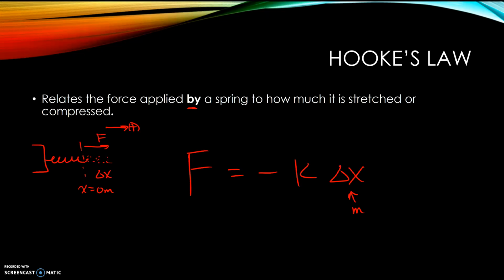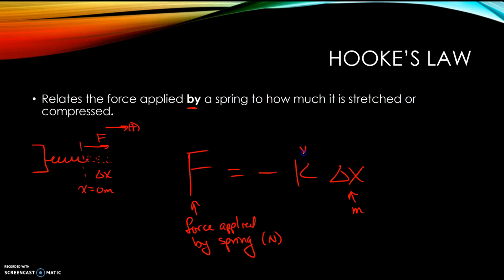It's always going to be in the opposite direction from the force that we're applying, so we have a negative sign there. Strictly speaking, this force is the force applied by the spring. But you'll see in the two problems that we work that very often we drop the negative sign and just put the force that's being applied to the spring in for this. And this has units, obviously, of newtons.